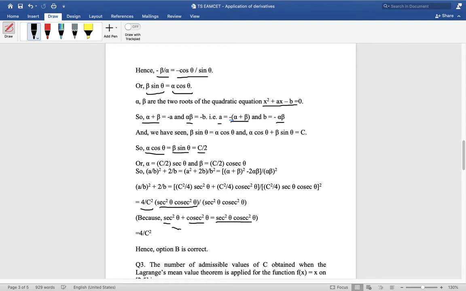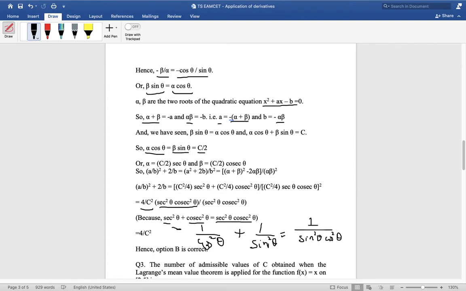The proof is: secant is the reciprocal of cos, so 1 by cos square; cosecant is the reciprocal of sine, so 1 by sine square theta. When you take the LCM, you will get sine square theta plus cos square theta in the numerator. Sine square plus cos square is 1, we know that. So you will get here sine square theta and cos square theta.